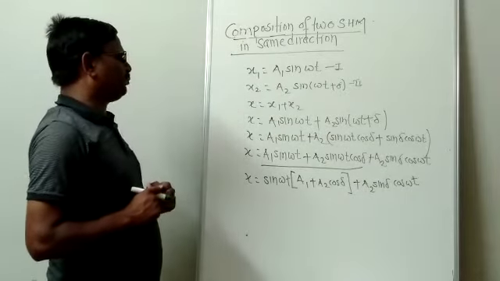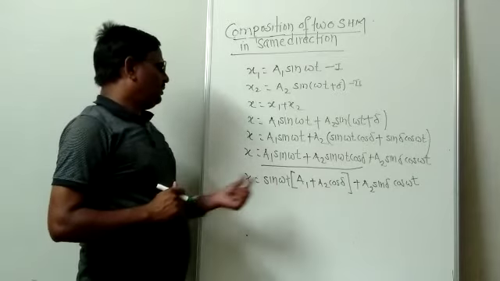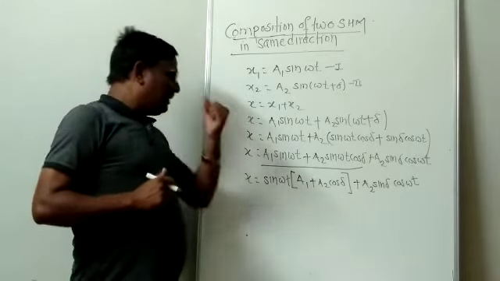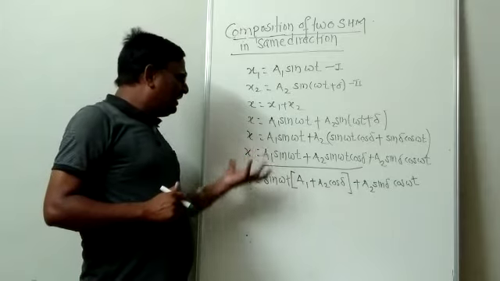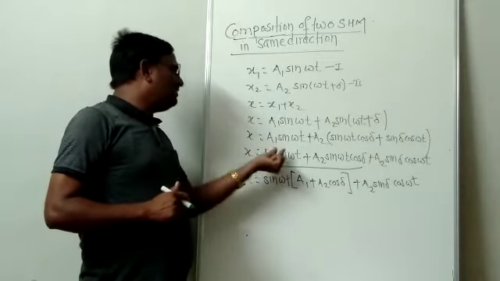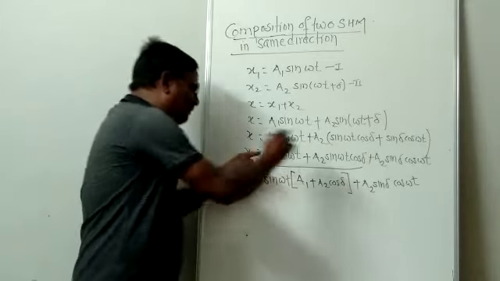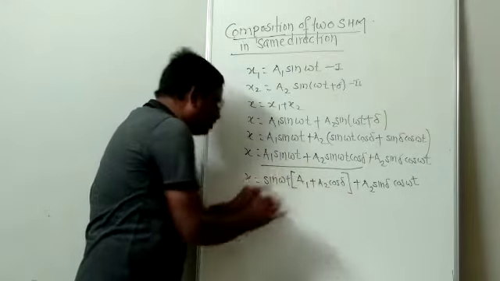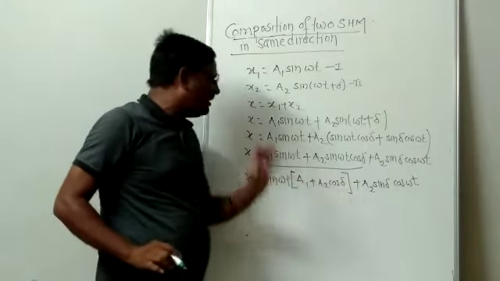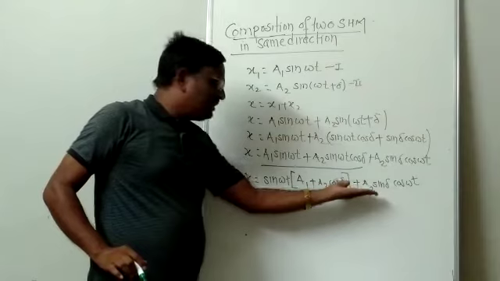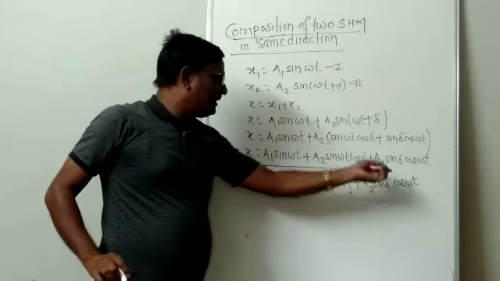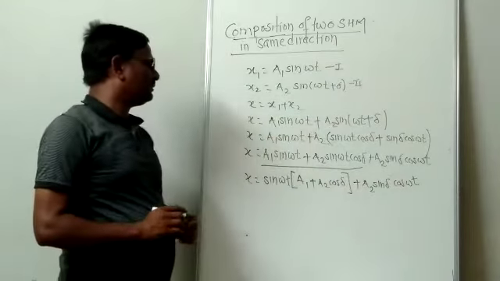I am getting this equation. What I have done is simply taken the common sin omega t. The remaining part is kept in a rectangular box: A1 plus A2 cos delta as it is, and A2 sin delta cos omega t as it is.